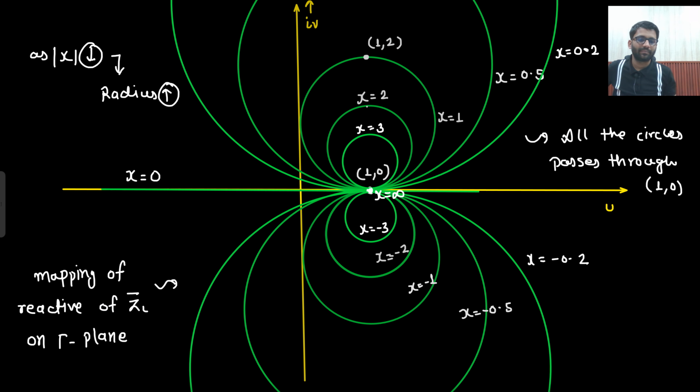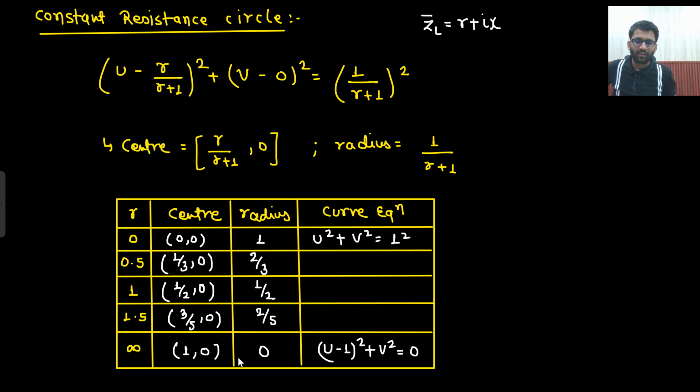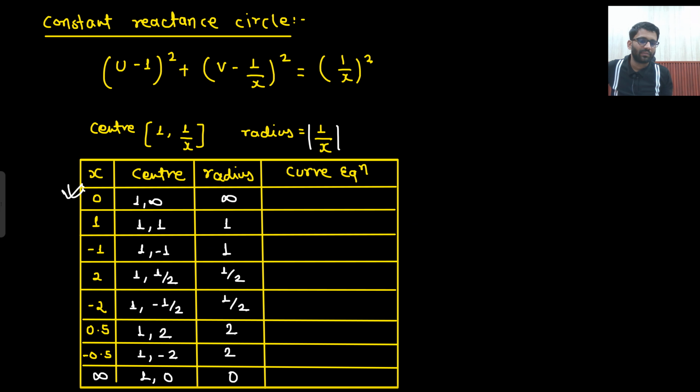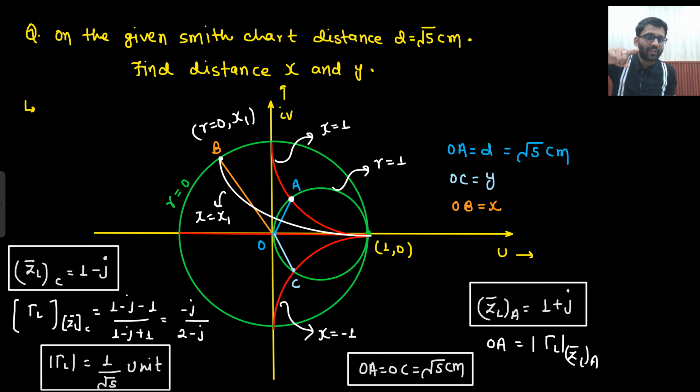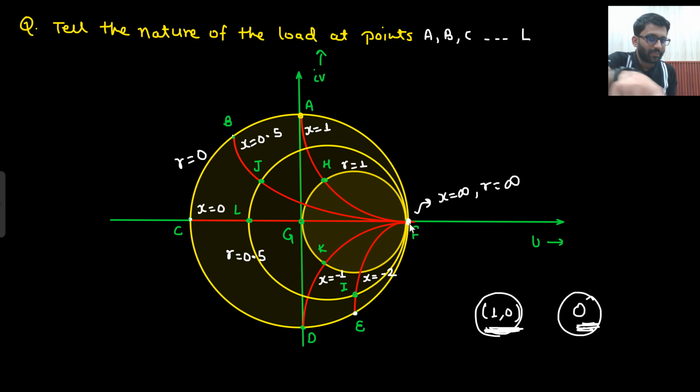You can see here, R equals infinity, center at 1, 0 and radius is 0. And X equals infinity, center at 1, 0 and radius is 0. So at this particular point you have two circles lying on each other, and those circles are made for R equals infinity and X equals infinity. So this point F is represented by infinity plus j infinity.